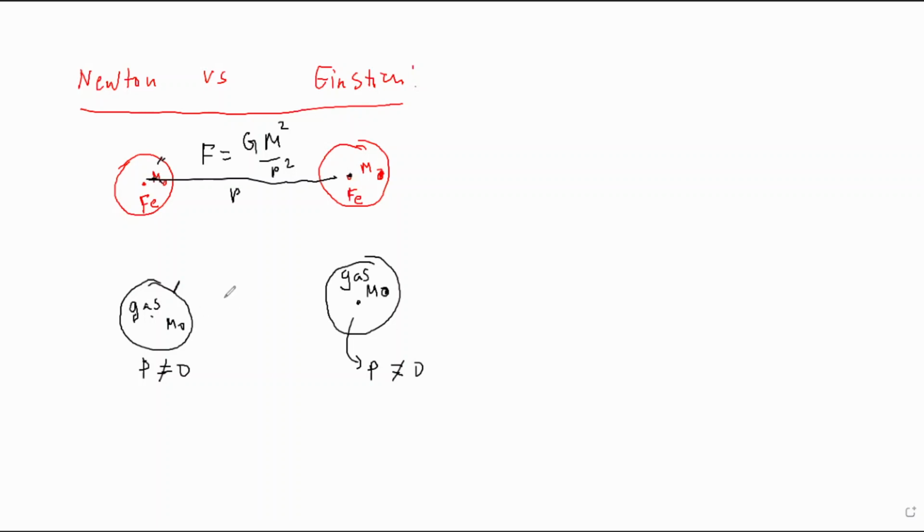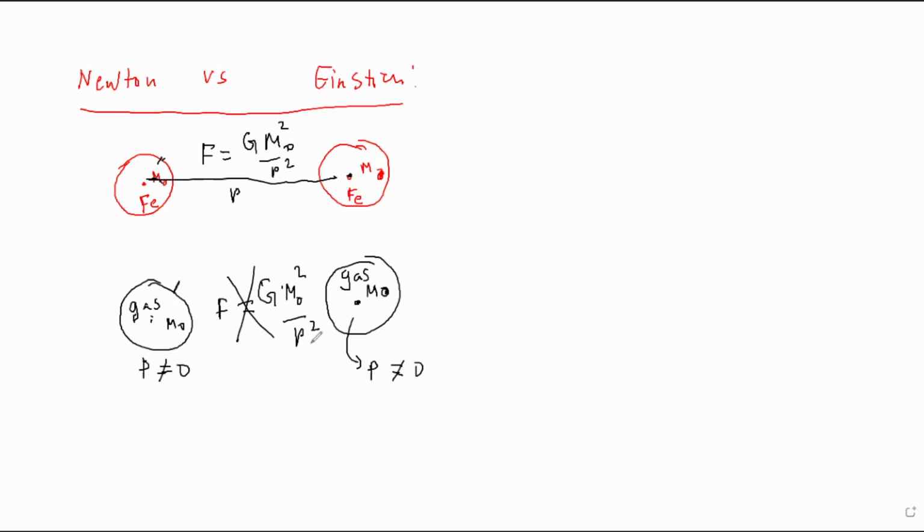So according to Newton, the second time the force will also be G m naught squared by r squared, because as long as you know the mass of the object, the point of mass, you know the force of gravity. Yes or no? Yes, sir.